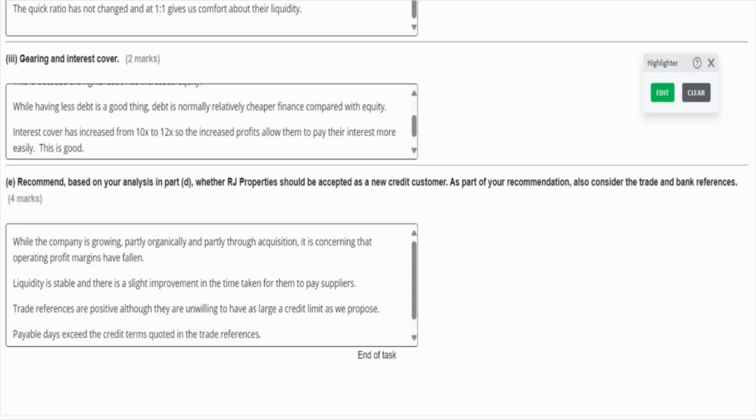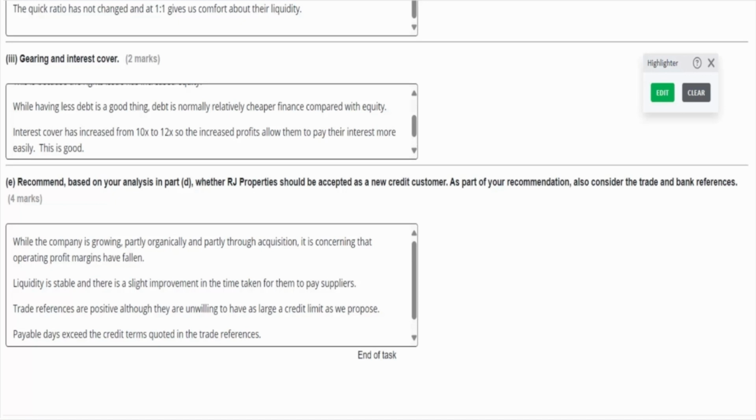So let's look at the requirements now. We need to analyse that above information and the performance indicators regarding RJ Properties credit application using these headings. So we've got 3 marks for profitability, 3 marks for liquidity, and 2 marks for gearing.